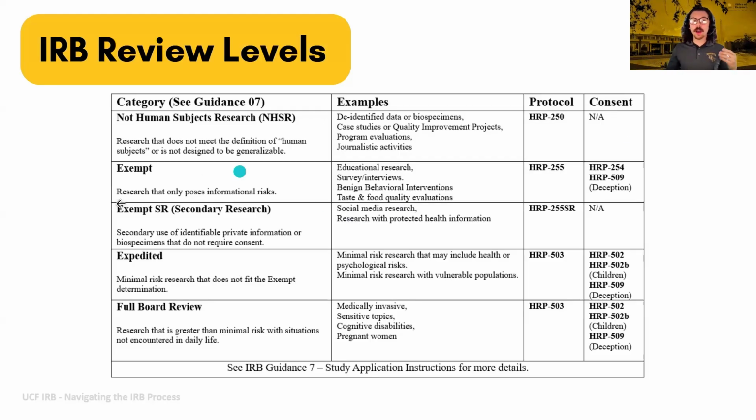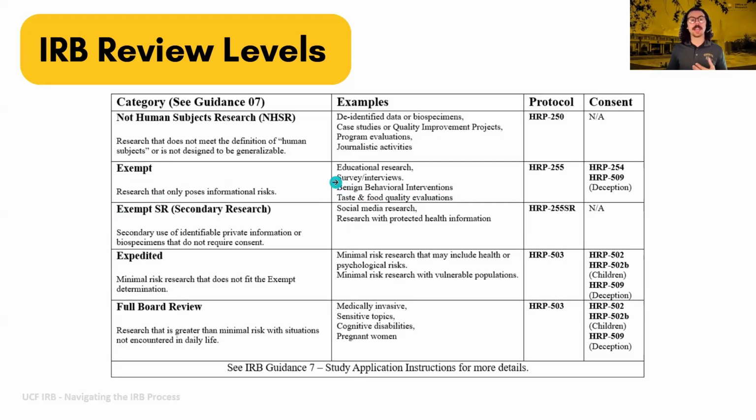If we move on to exempt research, this is research that poses only informational risks. So it meets the definition of research. It's systematic, it's meant to be generalizable, it's going to fill some sort of gap in the research that you've identified. Things like that might be exempt research. We have educational research, so things in common educational settings.